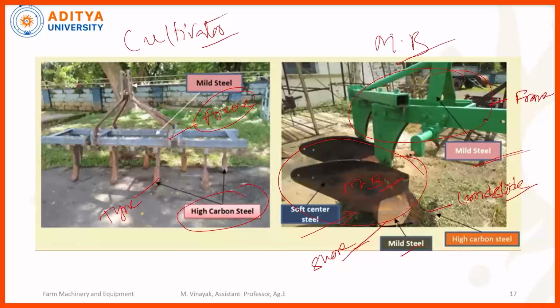Compared to high carbon steel, mild steel is much lighter in weight and also lower in strength. So for the frame and any other light work, mild steel is used, and for any other heavy duty work, heavy metals like high carbon steel are used.